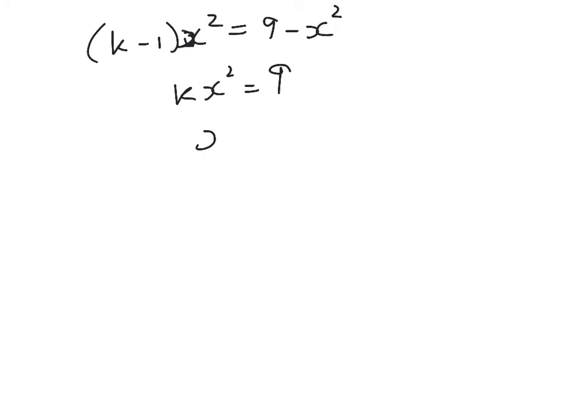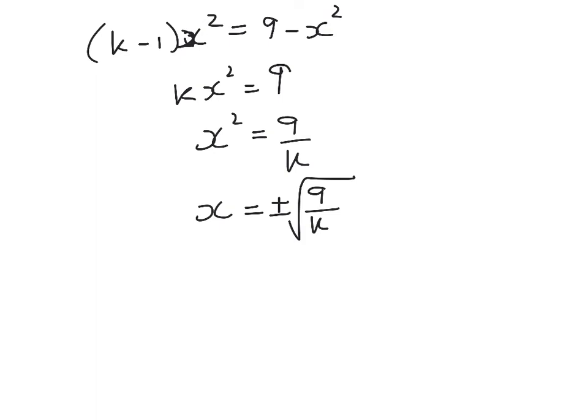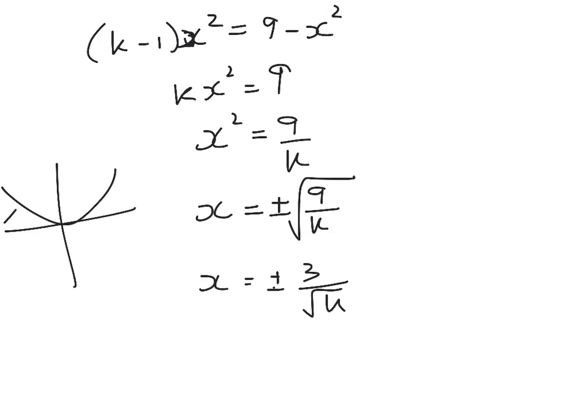That gives me x squared is equal to 9 over k, and we get x is equal to plus or minus the square root of 9 over k, which is plus or minus 3 over root k. But if we think about what we've got, this bad picture here, we just care about the positive x value because we're going to work with just half of that area there, so that lower limit's going to be 0.